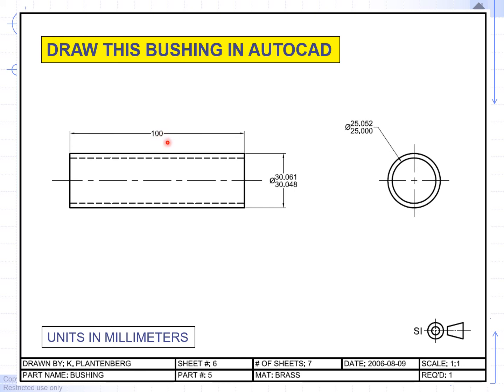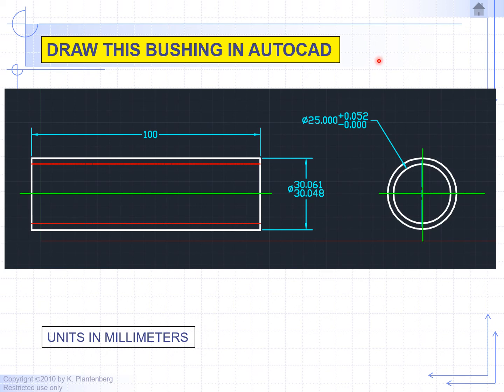And then we have the overall length. Take a look at the video and I'll walk you through it step by step on how to create this in AutoCAD from scratch. This is just a preview of what we're going to be drawing in AutoCAD. Once again, I'll walk you through this step by step using AutoCAD and how to add our tolerances.